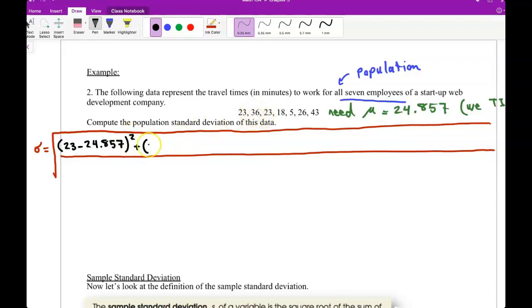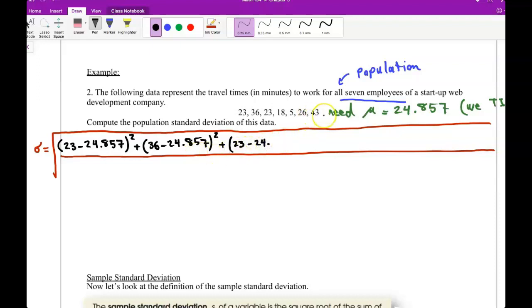Now the second data value is 36. Again, minus our mean 24.857, squared, plus the third one, 23 minus again the mean.